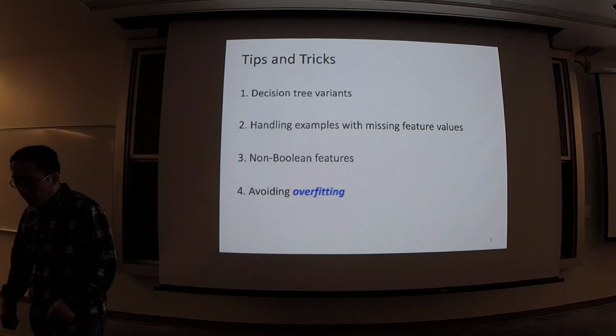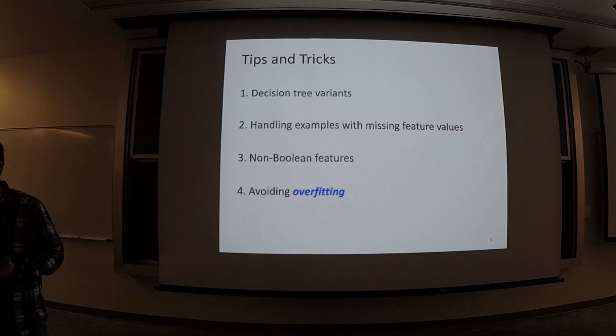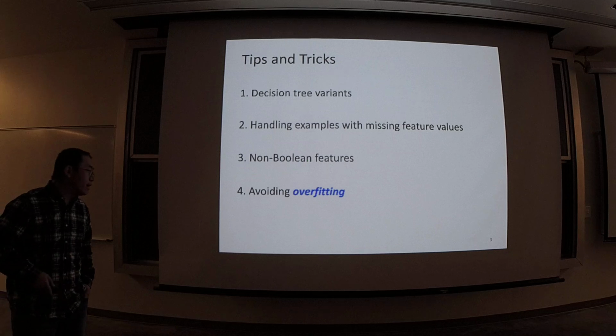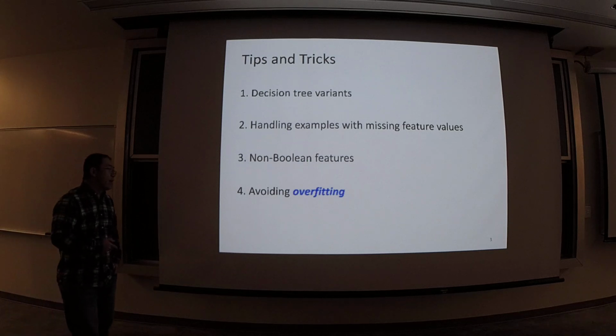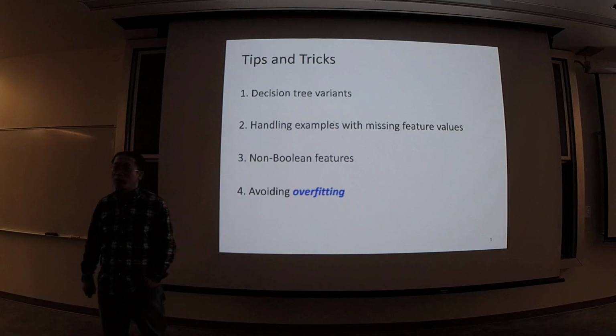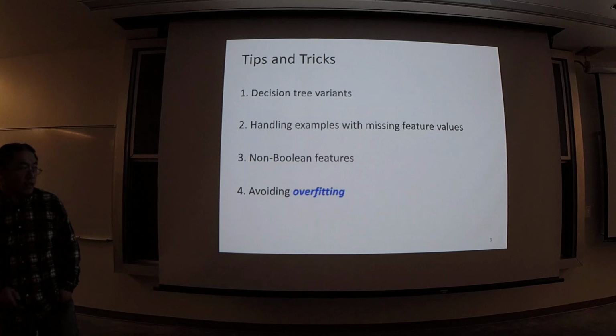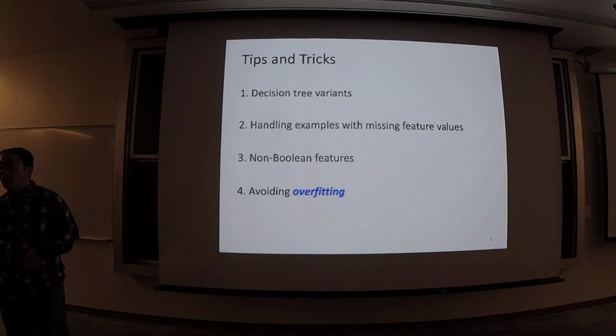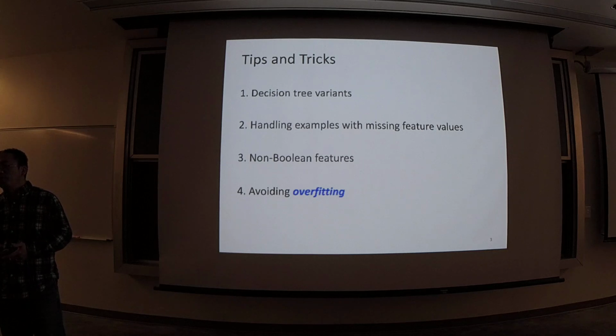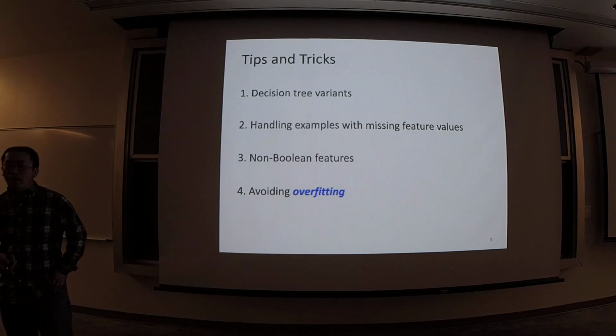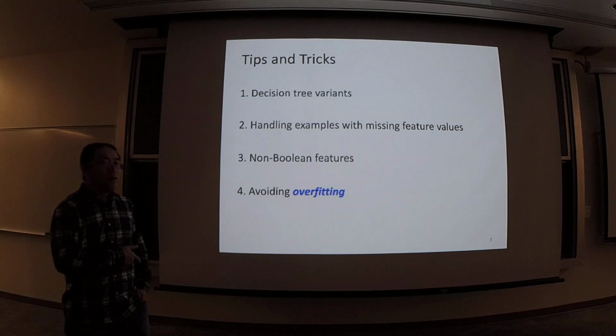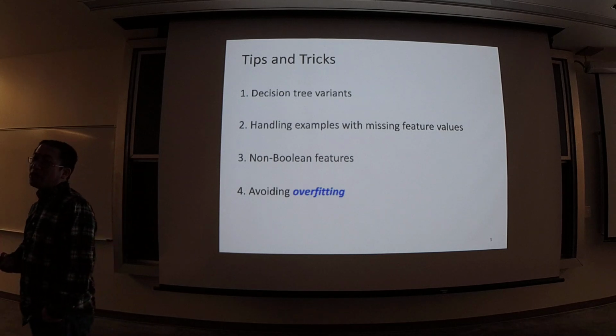So can we further simplify the tree by removing so many branches? We're going to talk about how to do that. And finally, we'll introduce a very important concept called overfitting. We briefly mentioned it before, but I haven't given you a concrete case. So we'll see what overfitting is and why it can hurt generalization performance.